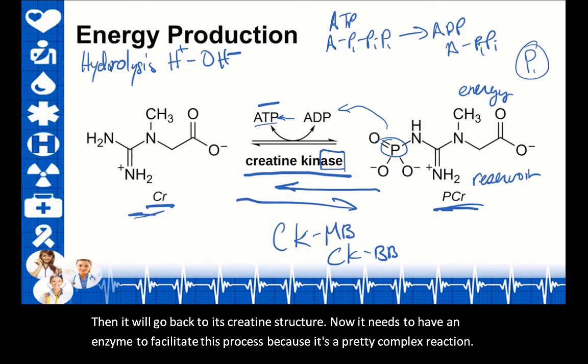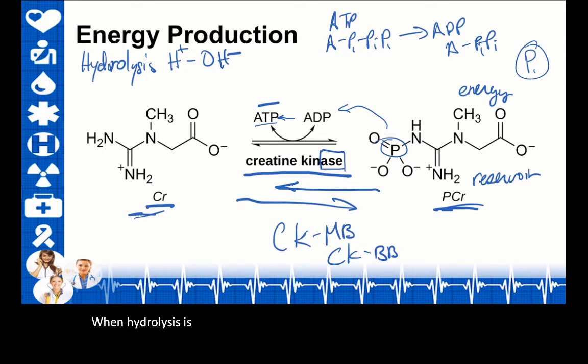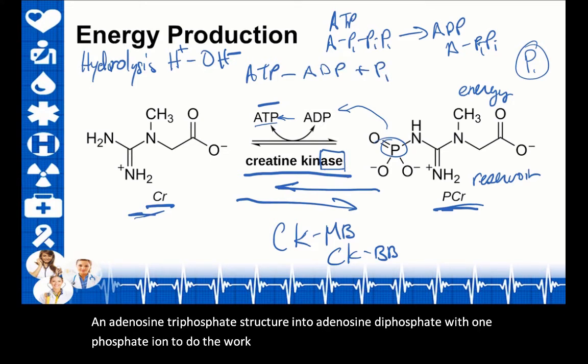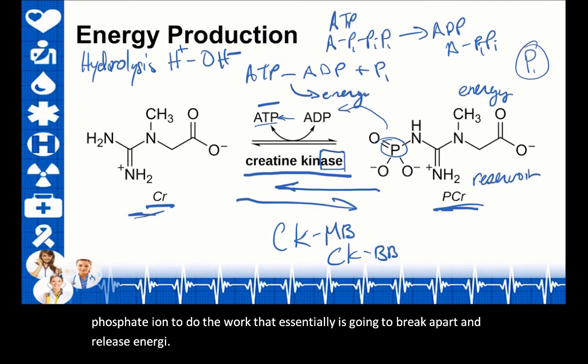When hydrolysis is part of this equation of converting an adenosine triphosphate structure into adenosine diphosphate with 1 phosphate ion to do the work, that essentially is going to break apart and release energy.